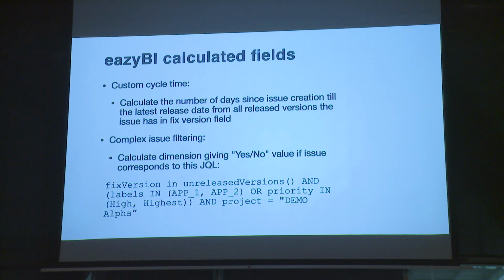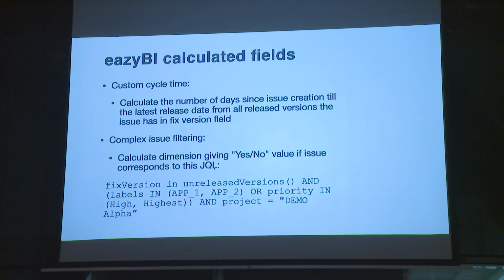These custom eazyBI calculated fields also are useful because we can implement another way to apply the JQL filter. Why does that happen? Because sometimes users just want to filter off everything just by one click.